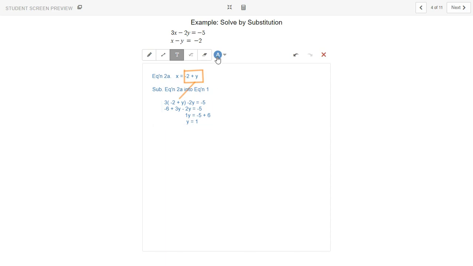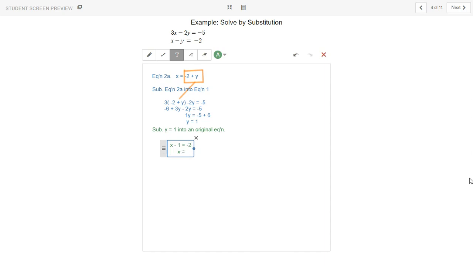Right, we have the first answer. Now we're going to take our value of y is equal to 1 and substitute it into an original equation. I'll pick the second one just because it looks easier. x minus 1 is equal to negative 2.